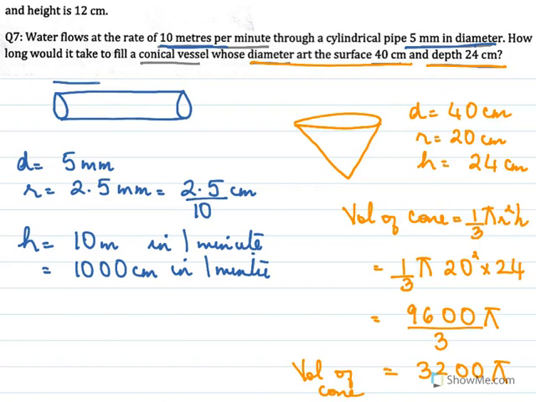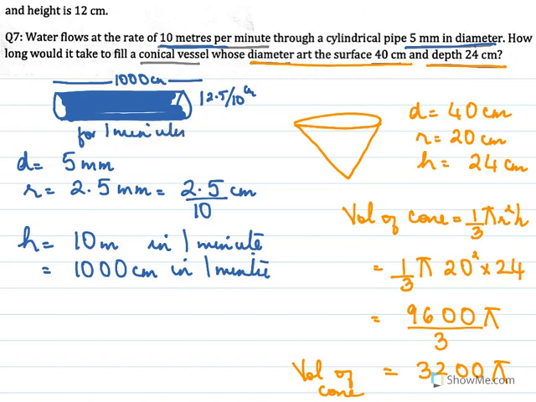So the height in 1 minute is 1000 centimeters, and the radius we know is 2.5 over 10 centimeter. So we'll find the volume of water that pours out of the pipe in 1 minute.